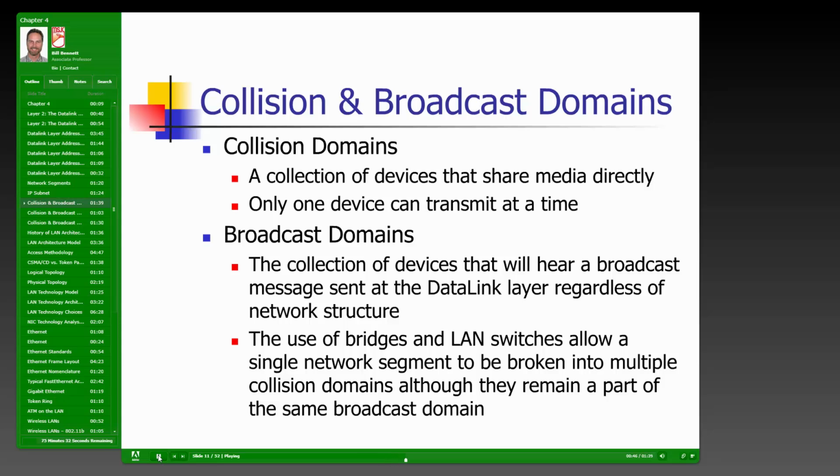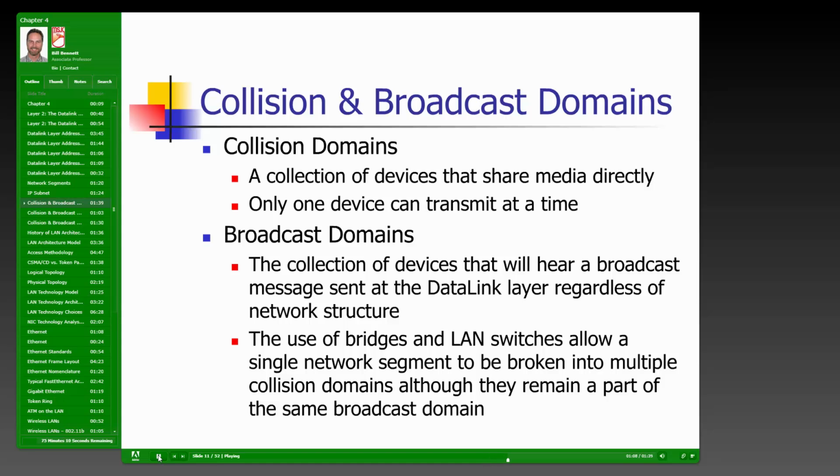In a broadcast domain, we have a collection of devices that will hear a broadcast message that's sent at the data link layer regardless of the network structure. If you recall, when we were talking about MAC addresses, we talked about the fact that a destination address of all Fs is a broadcast address.